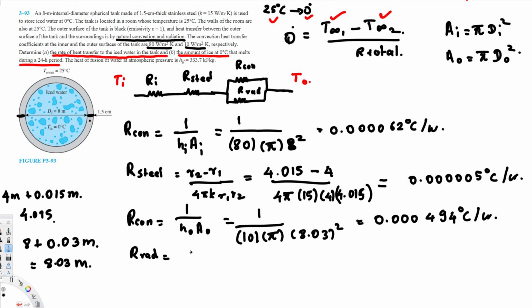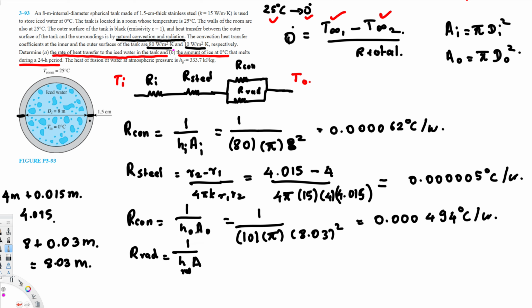To calculate our radiation, we use 1 over H radiation times area, right? But H radiation we have to calculate because it's not provided right here.